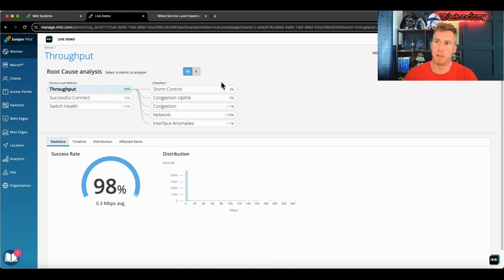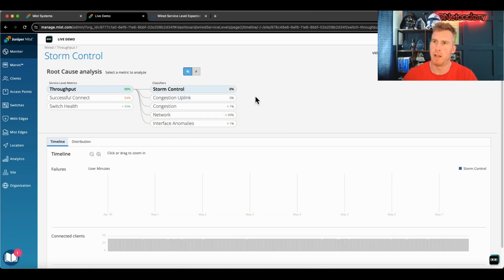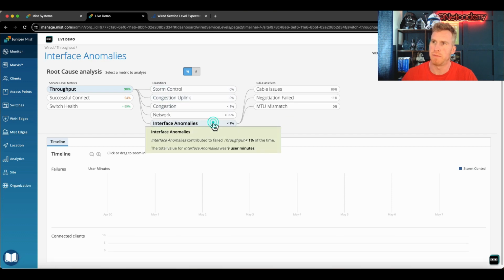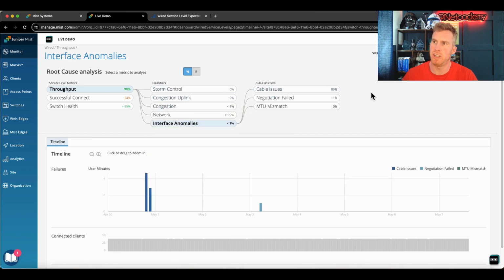So I know, for example, storm control. I know, for example, for the interface anomalies, here are those cable issues. So even though throughput was at 98%, less than 1% of that missing 2% was due to interface anomalies. That's either cable issues, MTU, or negotiation failures, auto negotiation.